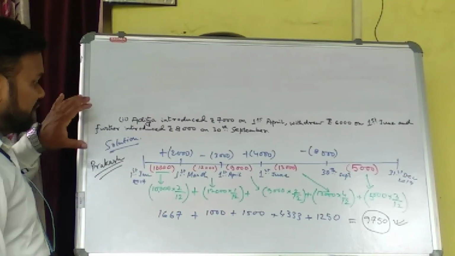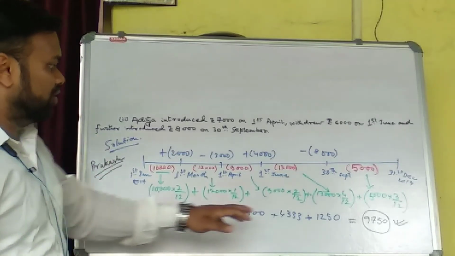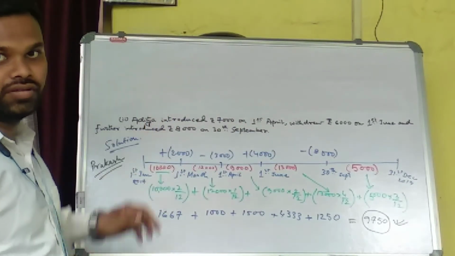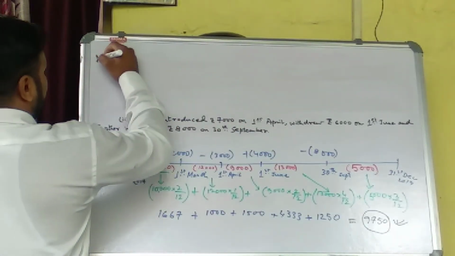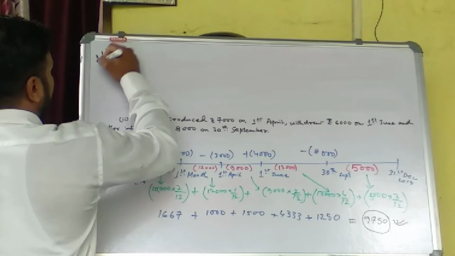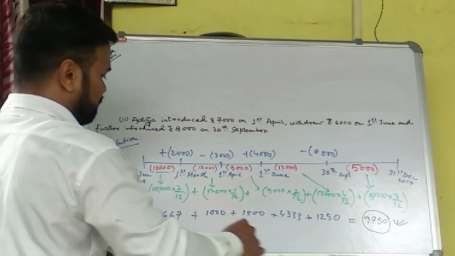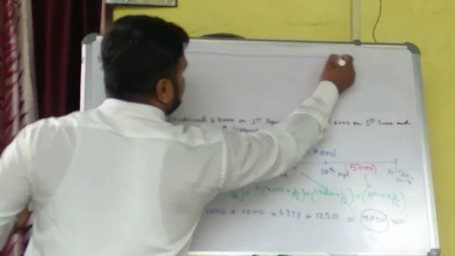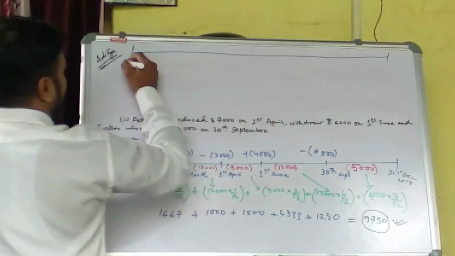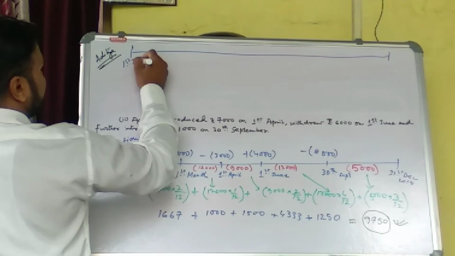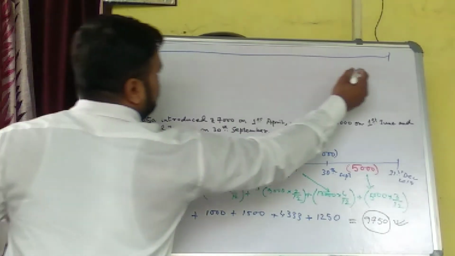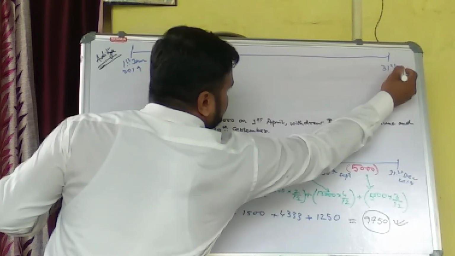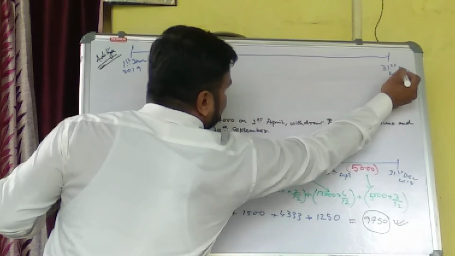Okay, now we will calculate the total capital after the financial year for Aditya also, the second partner. We will follow the same procedure. The financial year is from 1st January 2019 to 31st December 2019.